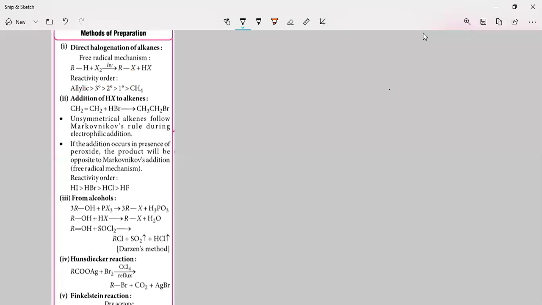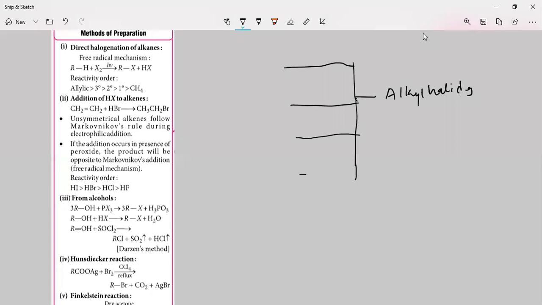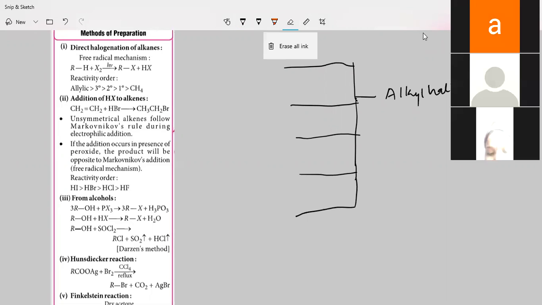These alkyl halides can be prepared from other organic compounds. Here, we can prepare alkyl halides from alkanes.